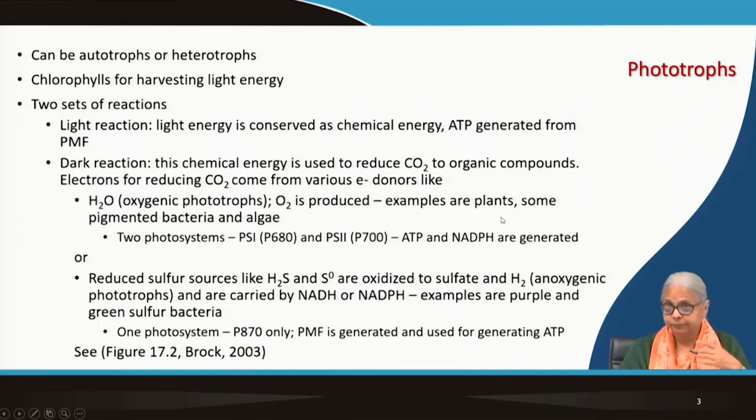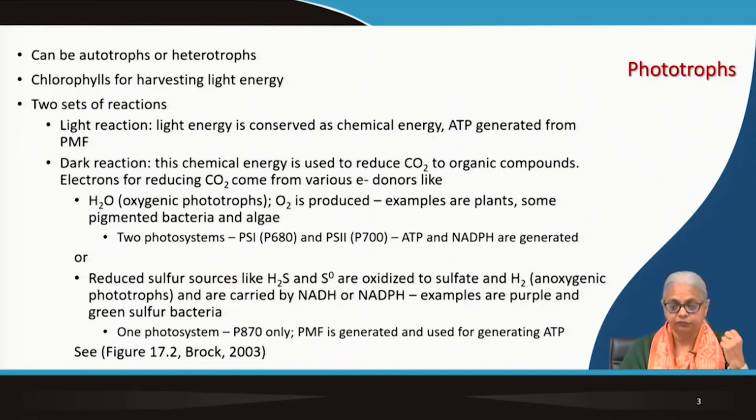All higher plants, all the green plants that you see around you, small ones, large ones, whatever size they are, some pigmented bacteria as well as algae are responsible for oxygenic photosynthesis. Oxygenic photosynthesis depends on 2 photosystems. They are called photosystem 1, which is based on harvesting light at the wavelength of 680 nanometers, and the second one is photosystem 2, where 700 nanometer wavelength is harvested.